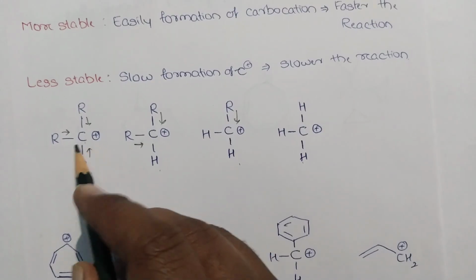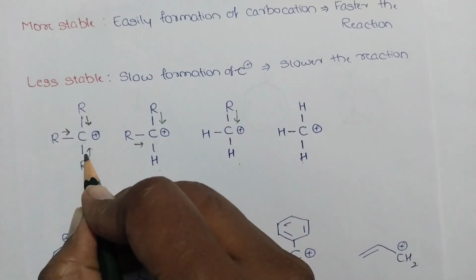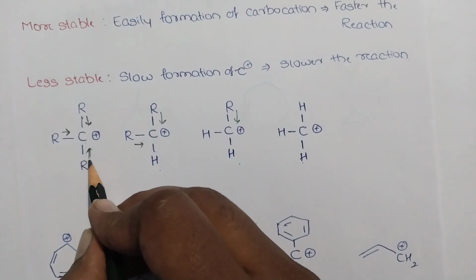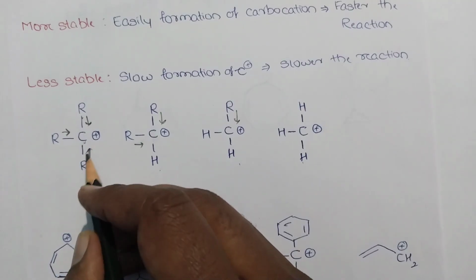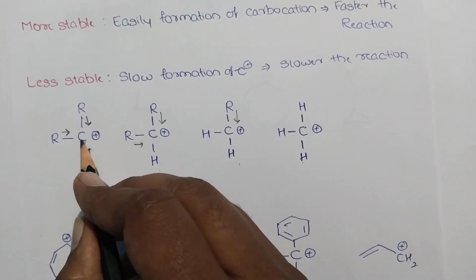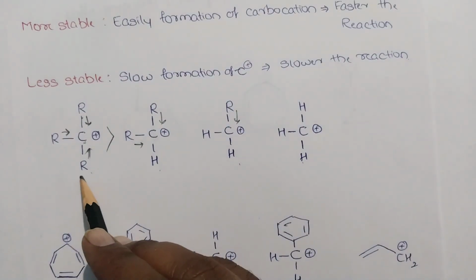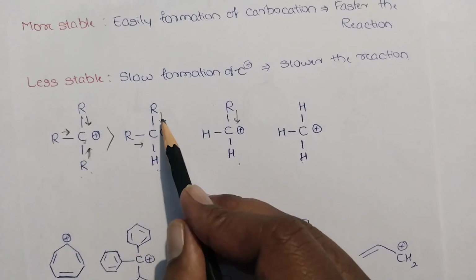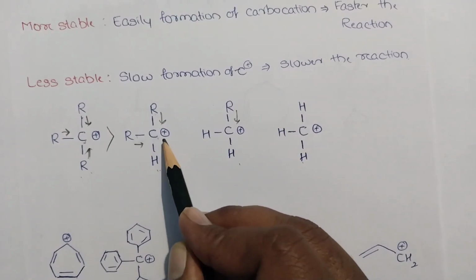When the carbocation has 3 R groups and these R groups are donating electrons, it will be more stable. So the tertiary carbocation forms easily, hence it is highly stable than this one because there are 2 R groups donating electrons to carbon.